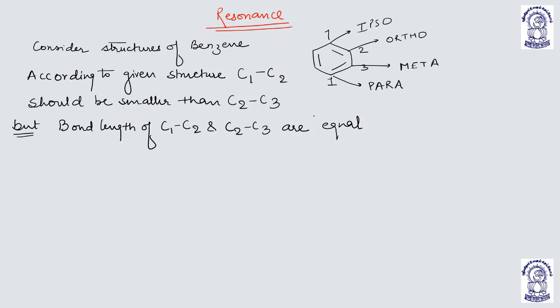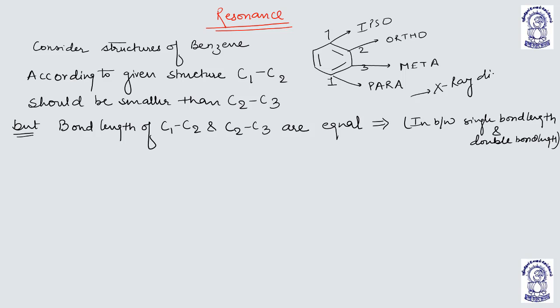Okay, their bond length comes in between single bond and double bond. So this average bond length concept, we came to know during X-ray diffraction studies, that it is not a single bond, it is not a double bond.